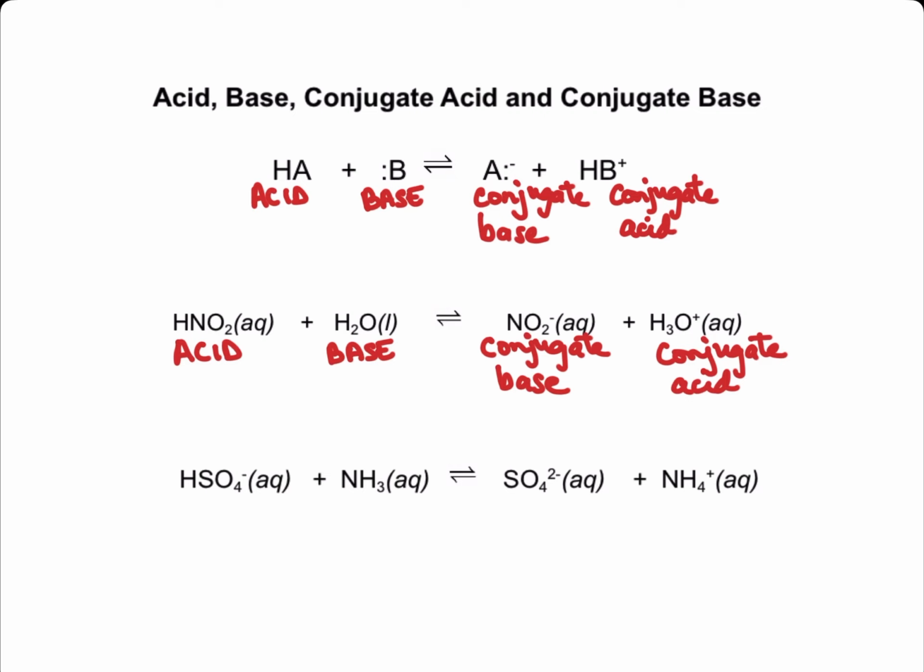HSO4- plus NH3 yields SO4 2- plus NH4+. HSO4- has 1 proton, and on the product side it has no protons. So something that gives up a proton is called an acid.